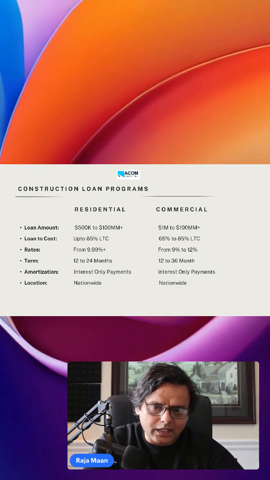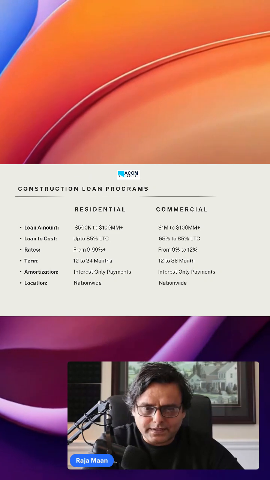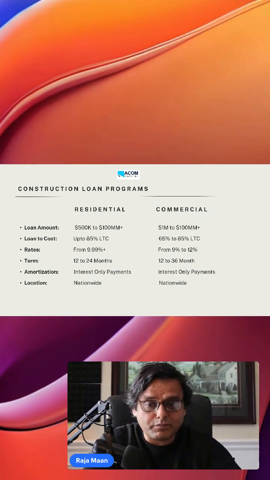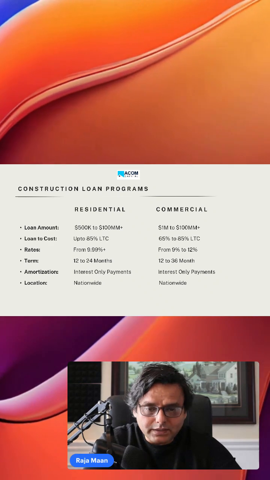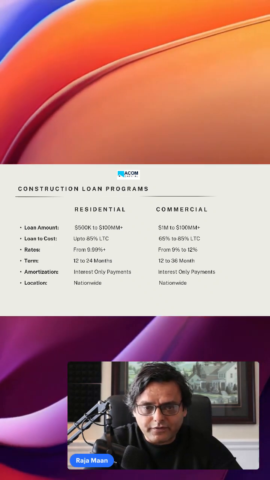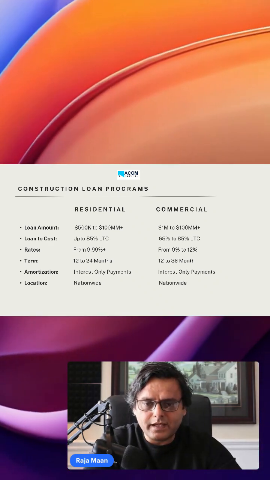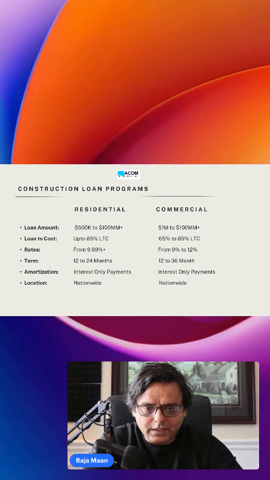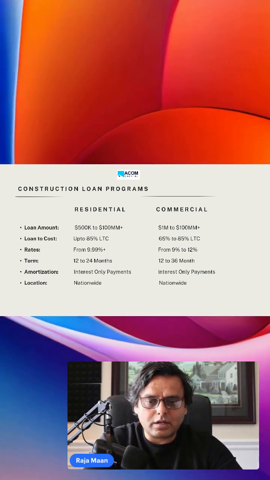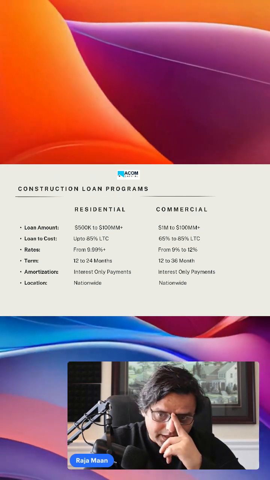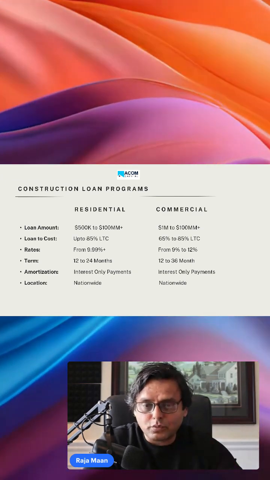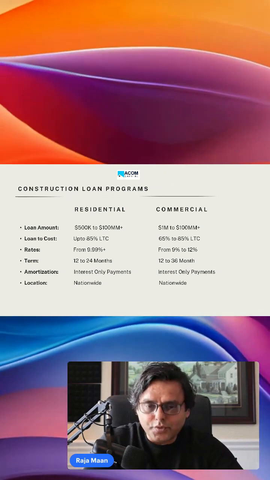On the commercial side, usually it's 65% for very selected properties. For multifamily properties, we can go up to 75 as of today. If it's a HUD, we can go to 80%. SBA, USDA, we can go to 80%, or under USDA, sometimes we can go up to 90 or 100% loan to cost. That's a different subject. We'll talk about that under the USDA program.